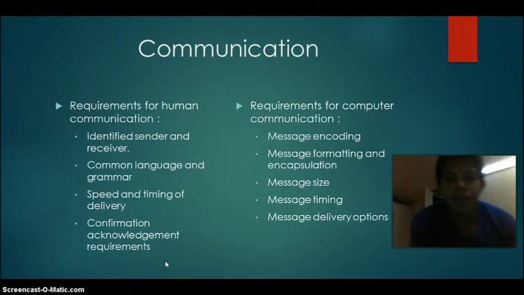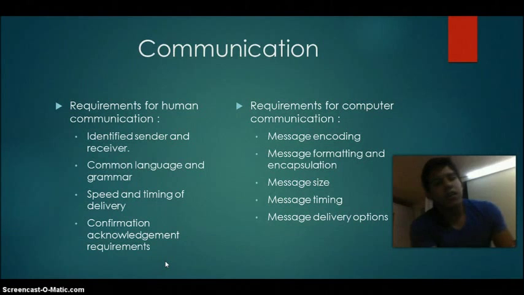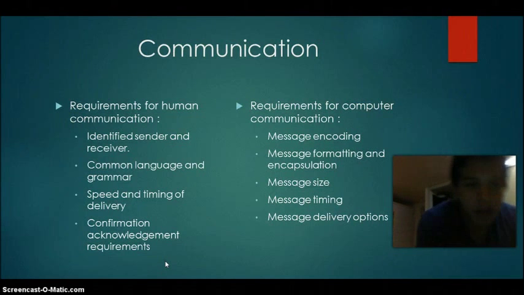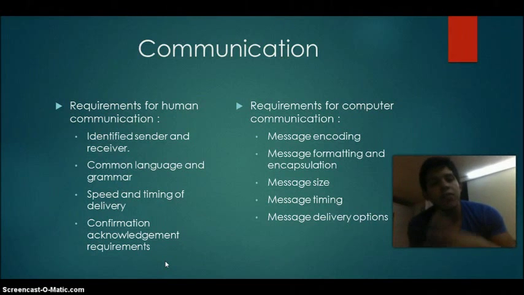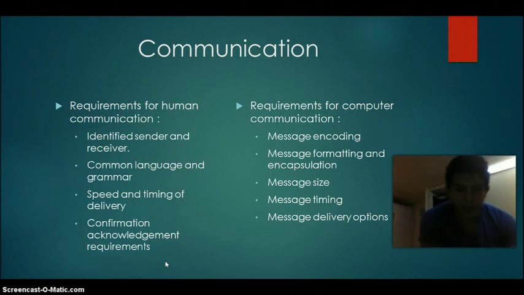There are some requirements for communication. We can analyze human communication, and first you need to identify the sender and the receiver. If one of these is missing, there's no communication. It cannot be possible, because someone needs to be understood and someone needs to understand.